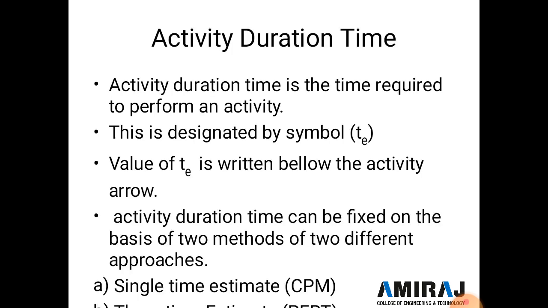Now next is activity duration or time. It's a most important point. Activity duration time is the time required to perform the activity. Like we take one activity, excavation for a foundation.